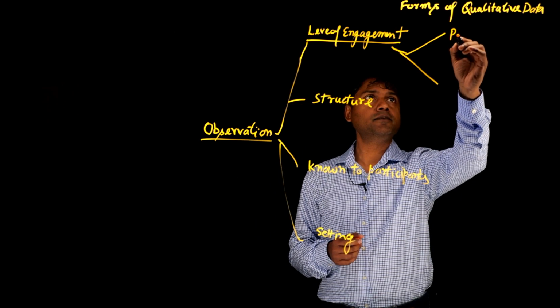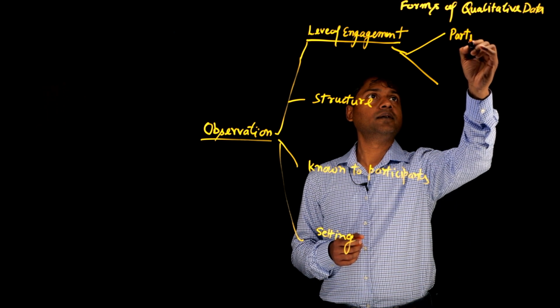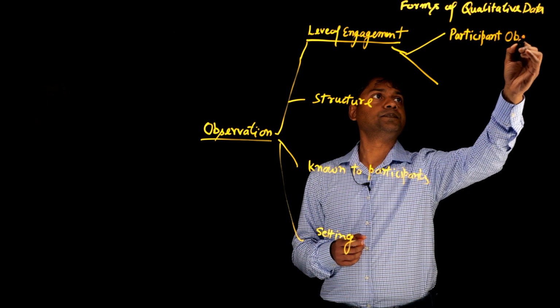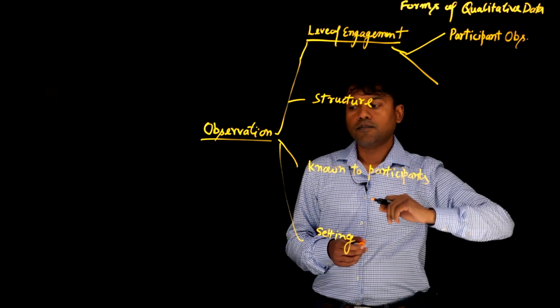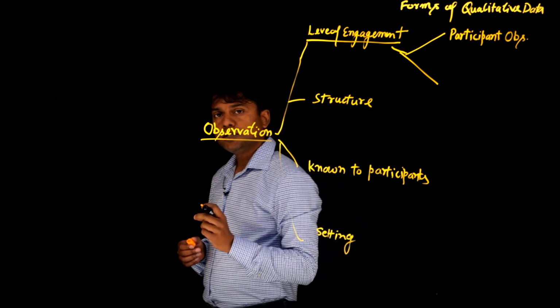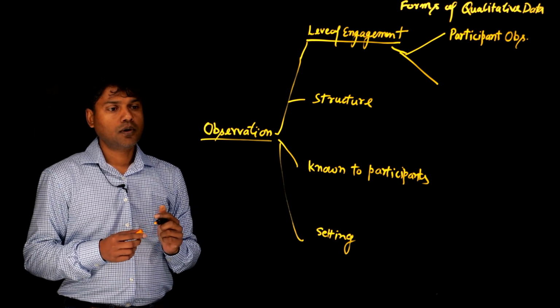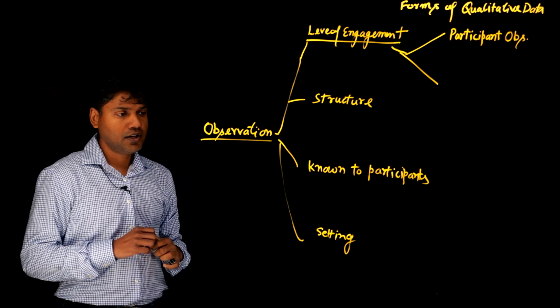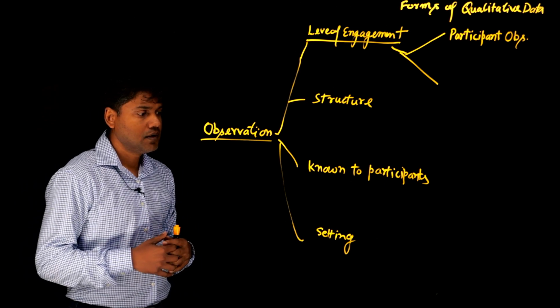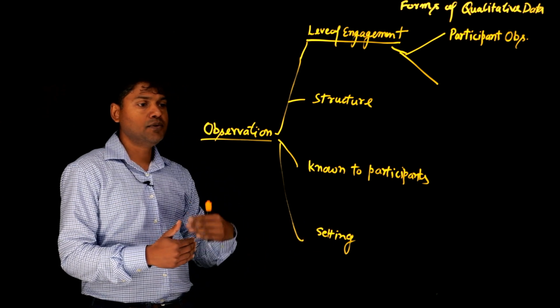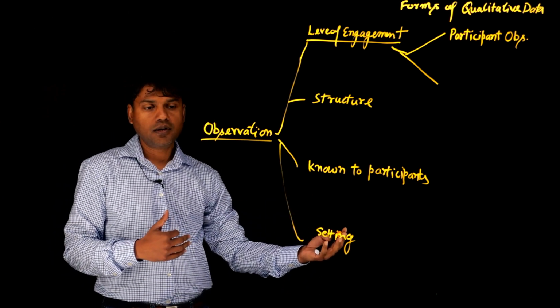The first one is participant observation. So participant observation refers to when the researcher himself or herself becomes part of the activity, a part of the process of observation being done.